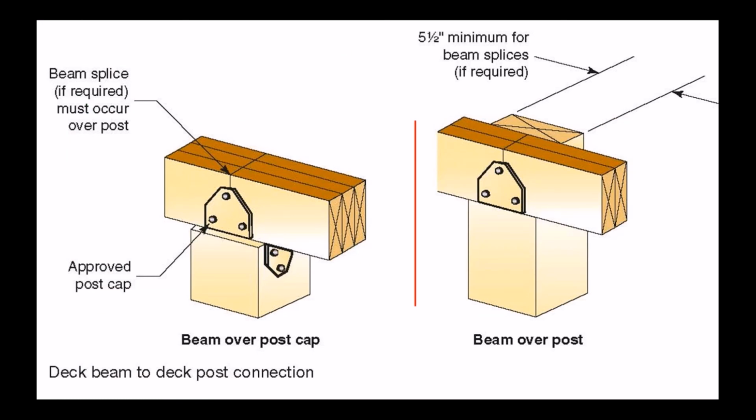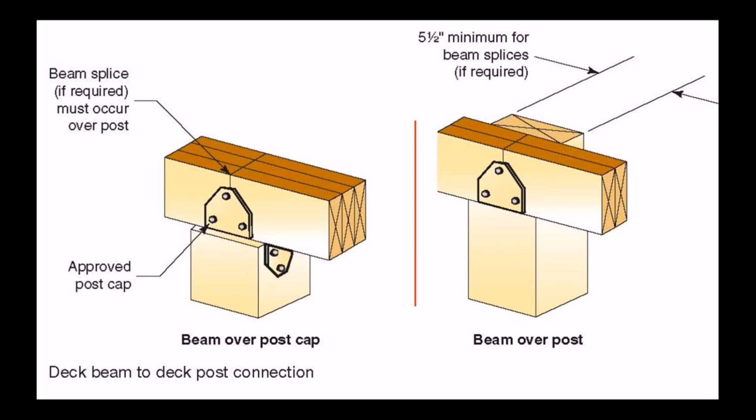All right, we also have some updated sketches, and in this particular sketch, if you happen to be looking in the significant changes book, for whatever reason, they actually added a different attachment to the post, and so you see a bolt going into the splice where it should, or a lag screw going in the splice where it shouldn't, and that's going to be an errata in the book.